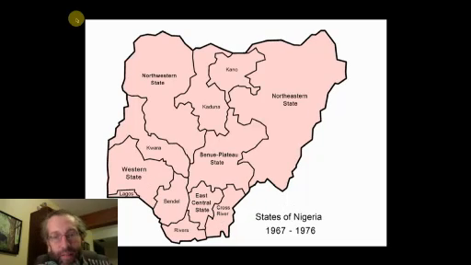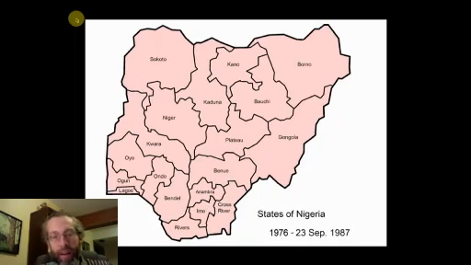After 67, we're going to see our first big breakup into 12 states. And again, the excuse was this is going to give more representation to more groups. So it's not just 3 ethnic groups, but we're going to be allowing different groups to have more representation. We go from 12 to 19, and then the 19 are going to hold for quite a while.